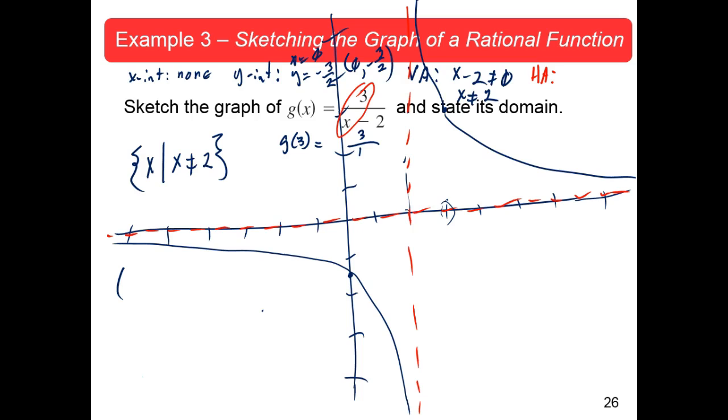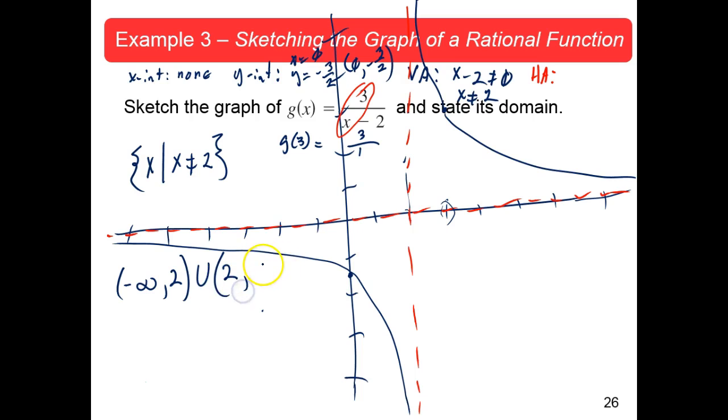Where are we going this way? Negative infinity. It starts at negative infinity and goes everywhere up to 2, but x does not equal 2, so we put a parenthesis there, and we union that, and where do we pick up again? 2, but not 2, okay?